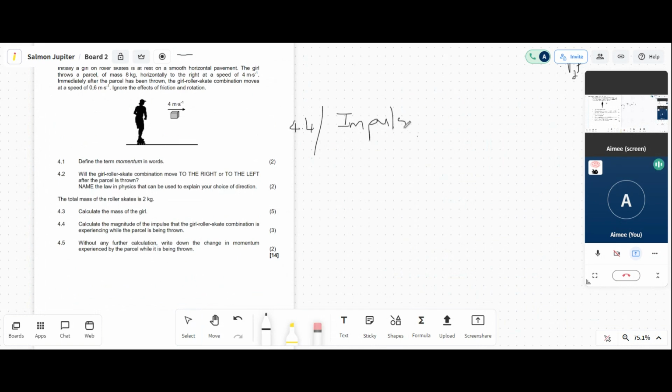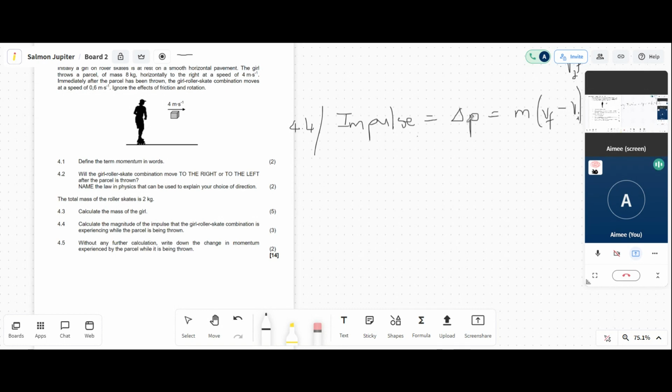Our formula for impulse is change in momentum, which is otherwise known as mass times Vf minus Vi.